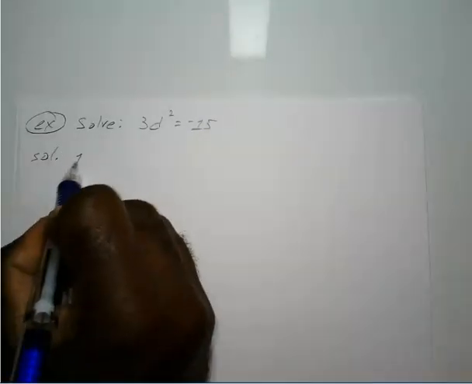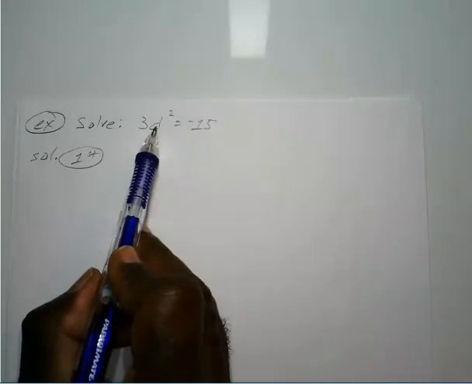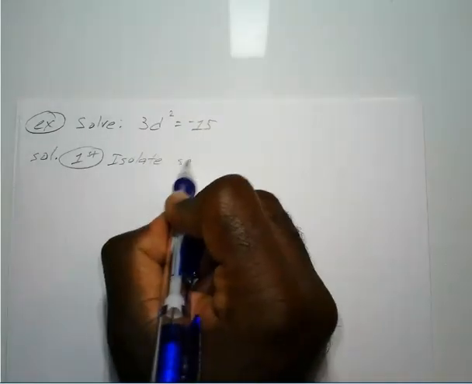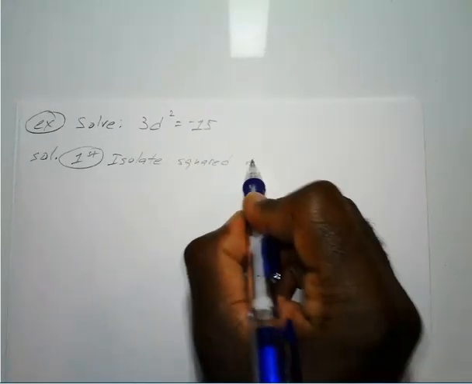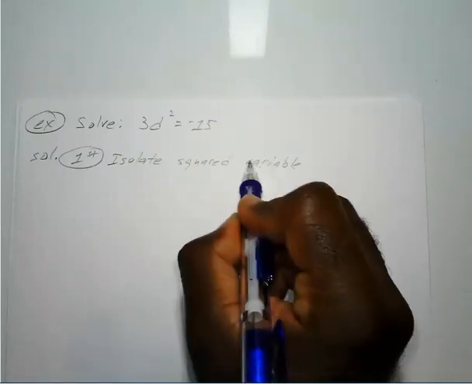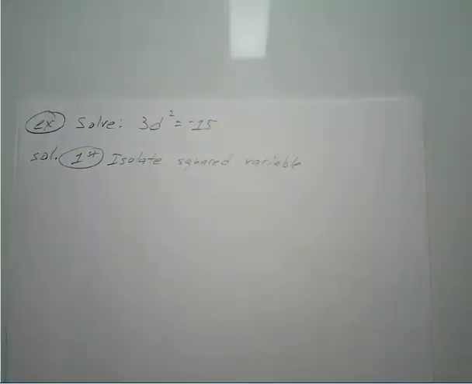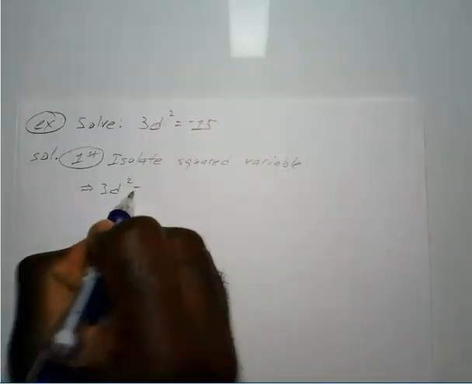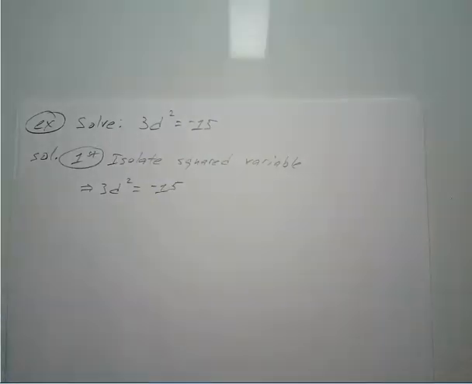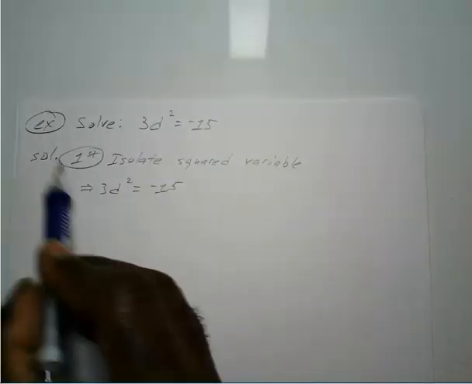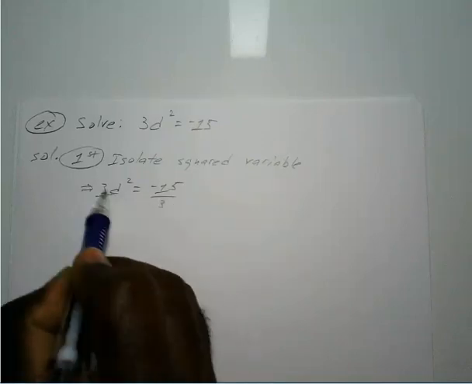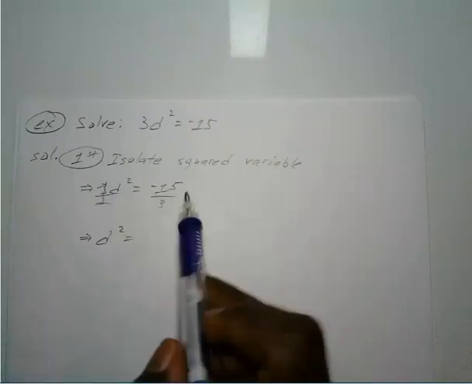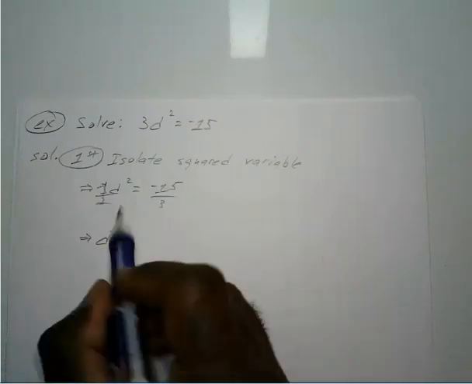Okay, so just like before, your first step, we need to isolate the squared variable. Okay, so our 3d squared equals negative 15. We're just going to divide both sides by 3. So that gives us d squared equals negative 15 divided by 3, which is negative 5.